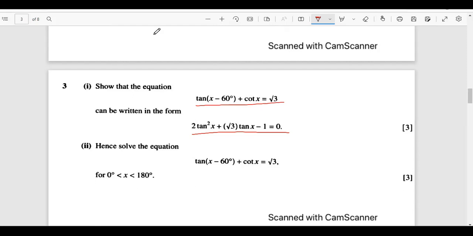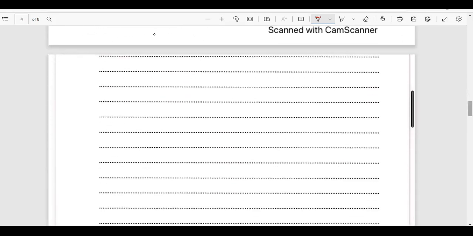Okay, it's okay. Let's see how to do it. Did you use the tan A minus B formula for the first part? Yes, there you get tan x minus root 3 by 1 plus root 3 tan x. Very good. Let's directly start from there.